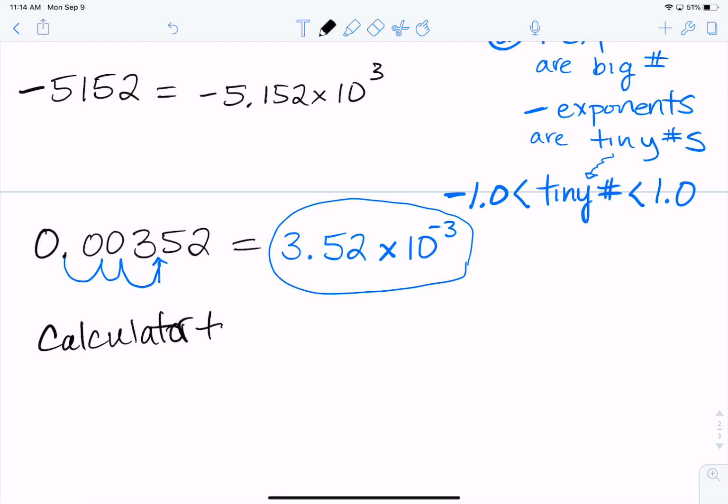Does anybody need to borrow a calculator? Does everyone have a calculator, either a phone or a calculator that can do scientific notation? You need to borrow one? Yeah? Oh, check this out. Don't forget to give this back to Coriana. She's letting me borrow it. Anyone else? I do have a few more. Yeah, Anthony?